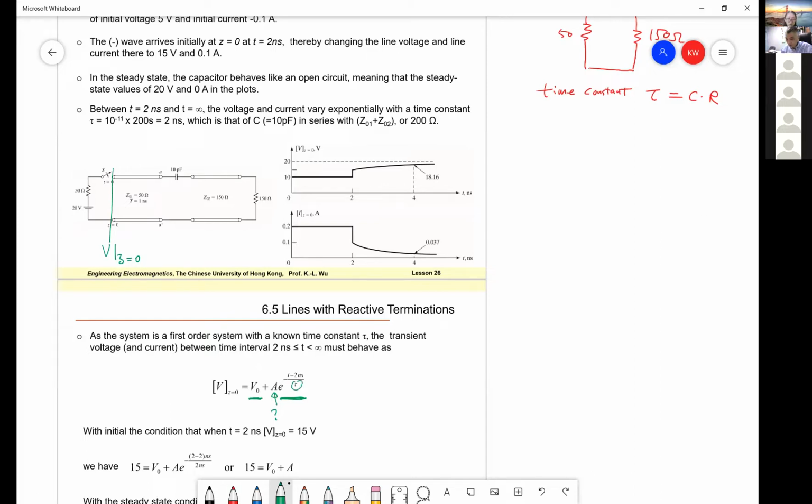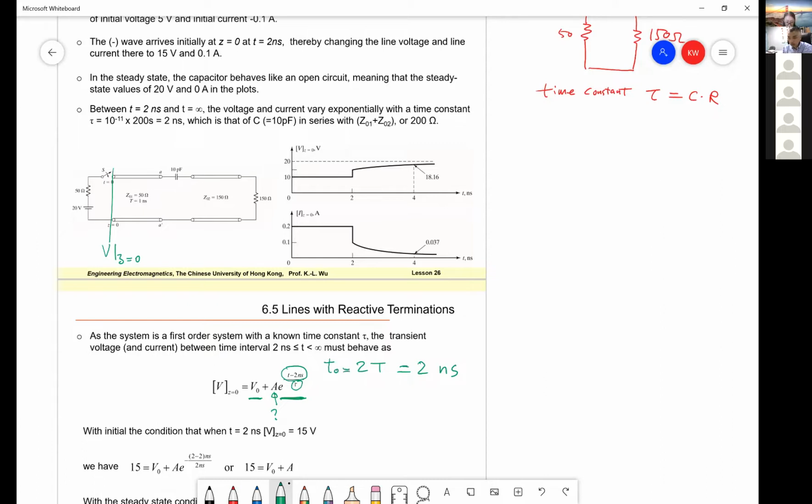Okay, then our initial time by now is 2 nanoseconds. Now we use t minus this initial time, right? So this is the initial time.